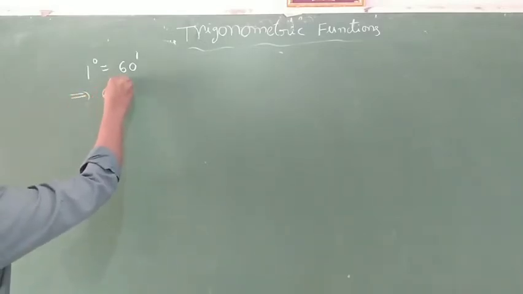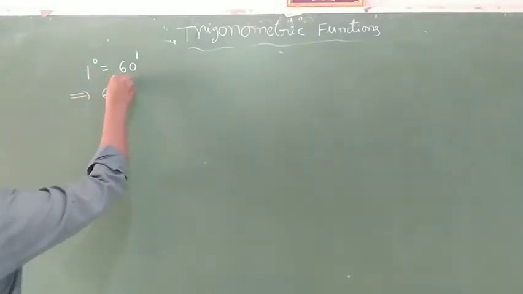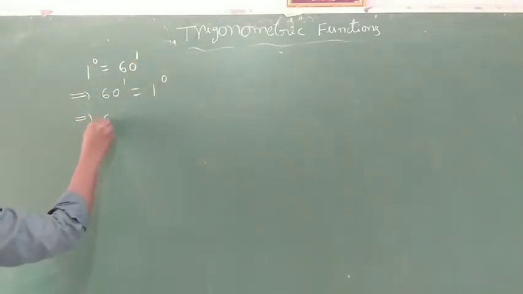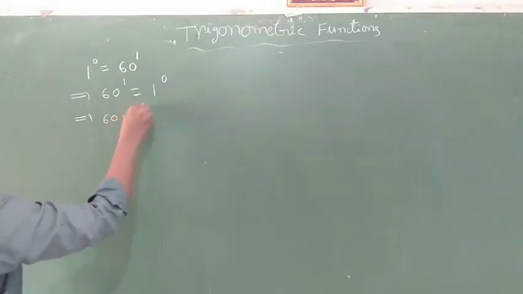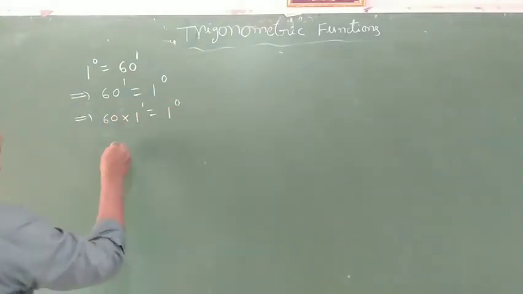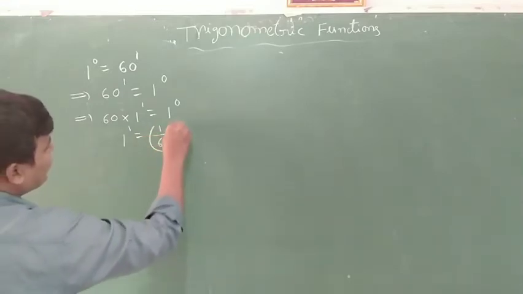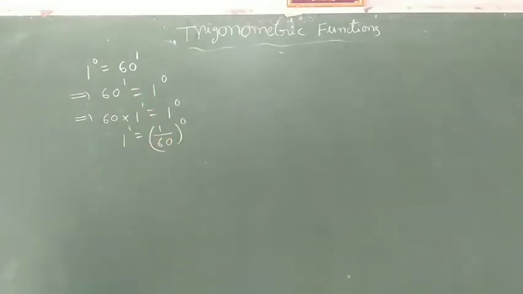At the same time 60 minutes is equal to 1 degree. 60 into 1 minute is equal to 1 degree. 1 minute is equal to how many degrees? 1 by 60 degrees.